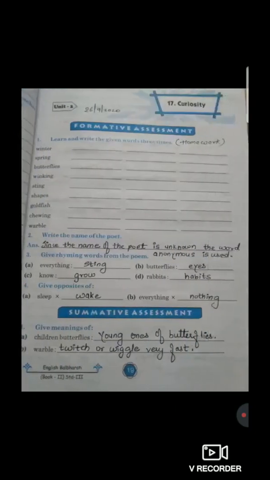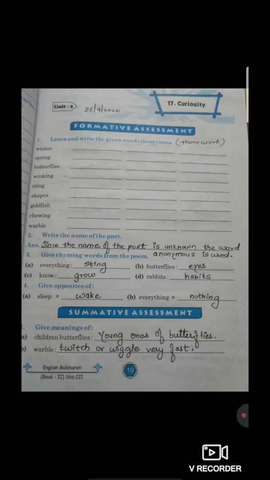The pic which is flashed on your mobile phone is page number 19. As you can see, on the top I have written the date, 26 September 2020. So you have to mention the date also, right?